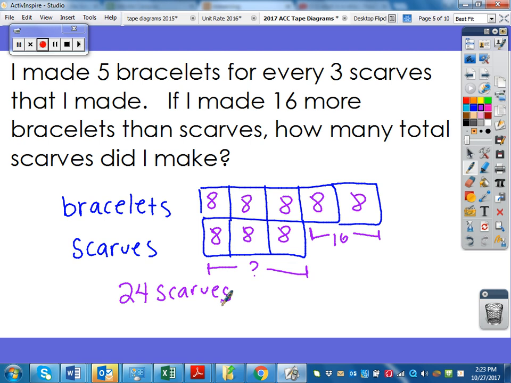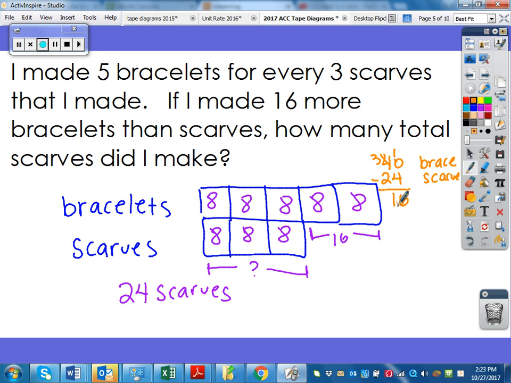You can always double check your work in the tape diagram by thinking, okay, I also made 40 bracelets and I found out that I made 24 scarves. So let's subtract and make sure that that's 16. Yep, the difference is 16.